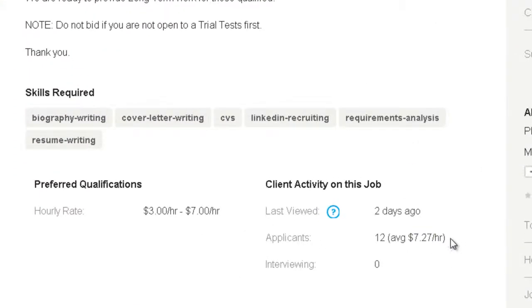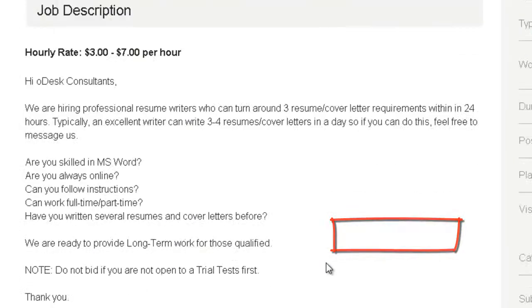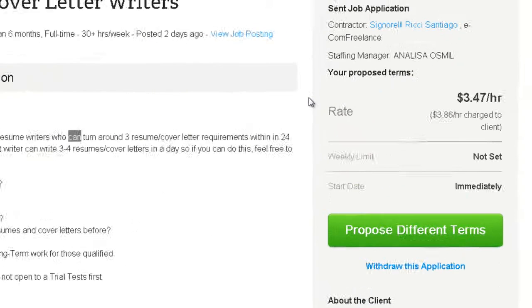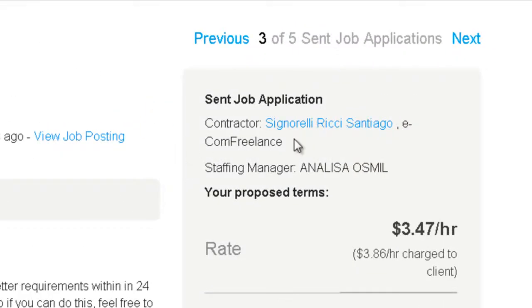For this particular job, the hourly rate that they are willing to pay is between $3 and $7. And you can see here that the average bid among the applicants for the job is $7.27. Let me take one of the contractors as an example, Signorelli.